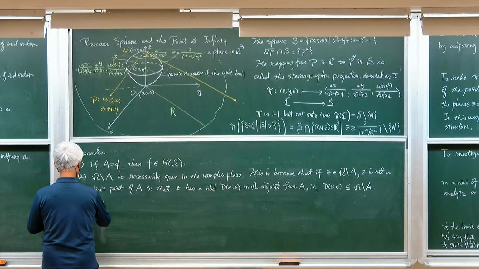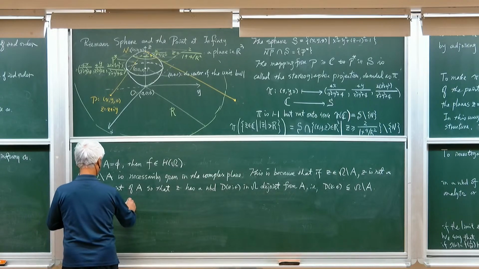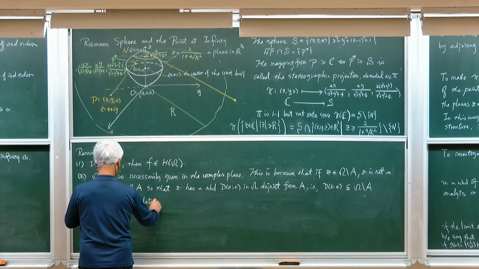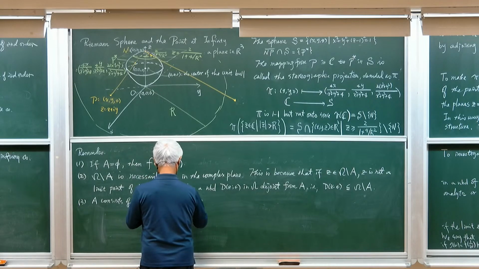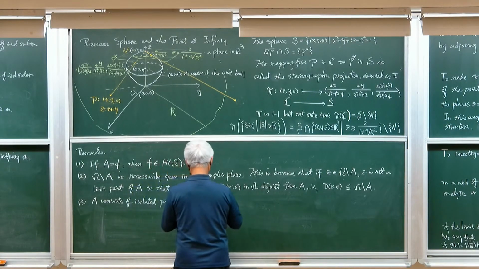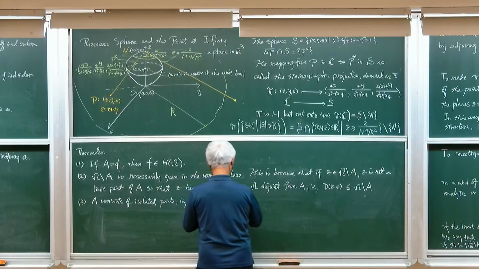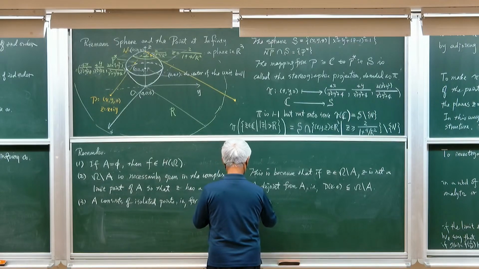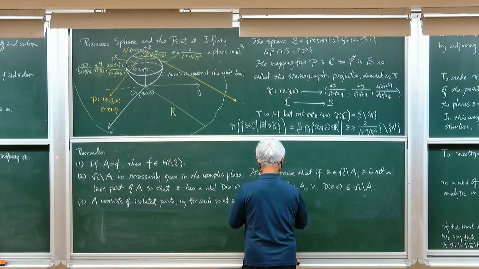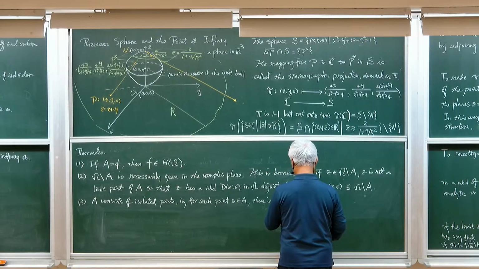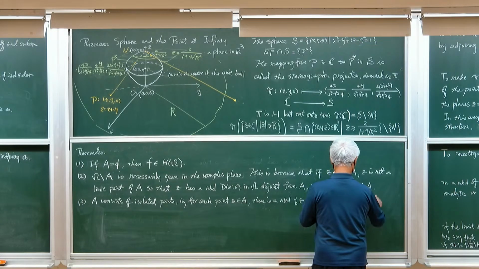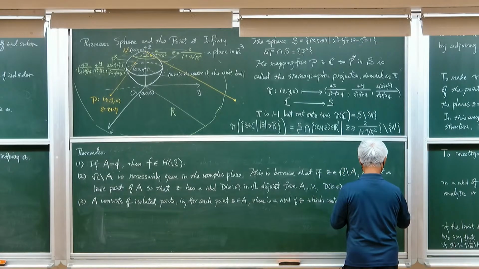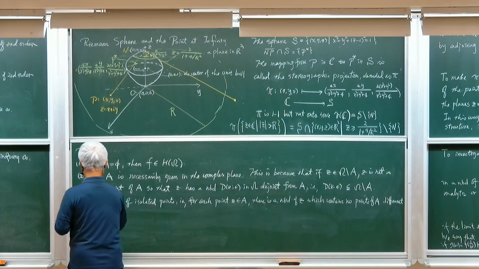The third thing is that A consists of isolated points, i.e., for each point z in A, there is a neighborhood of z which contains no points of A different from z.